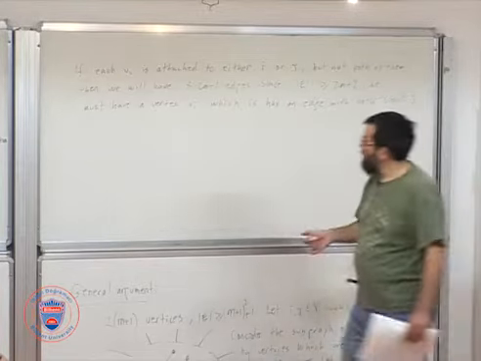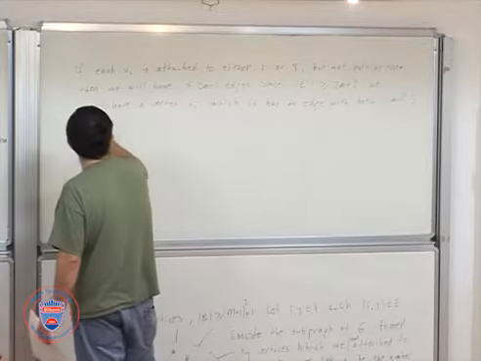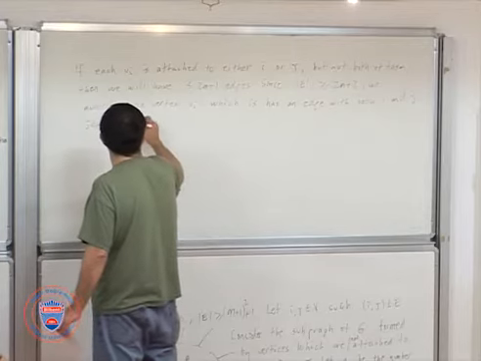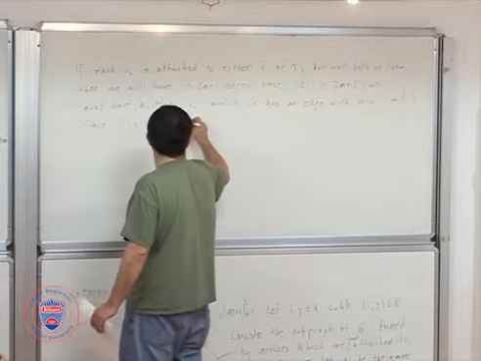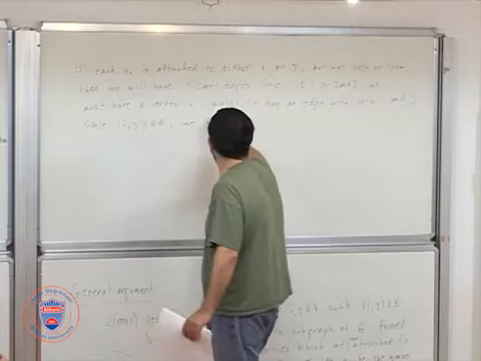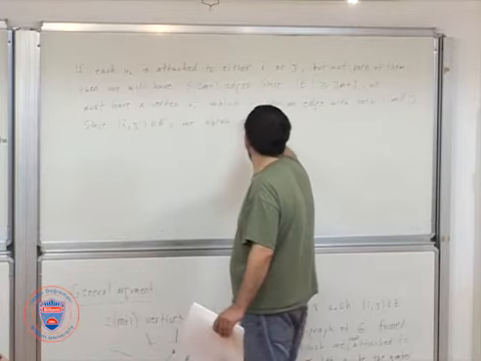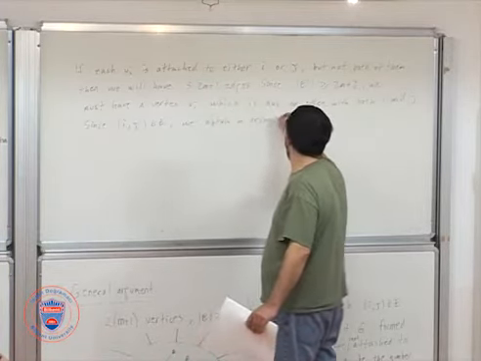But since i and j is an edge, we obtain a triangle. Okay.